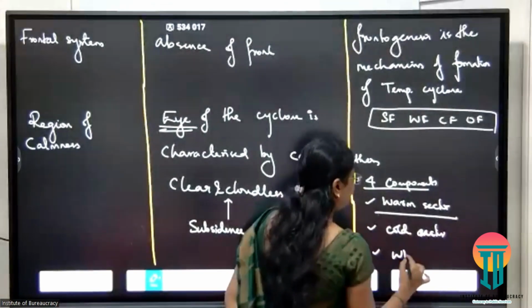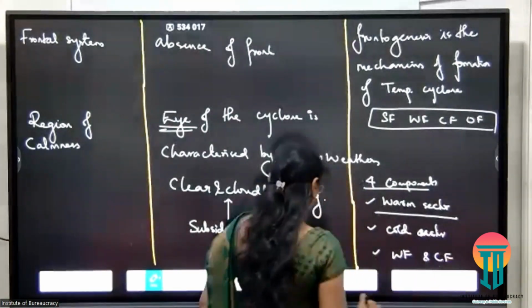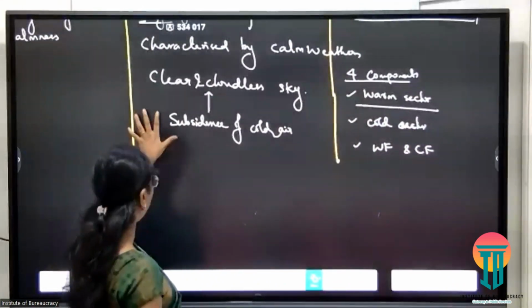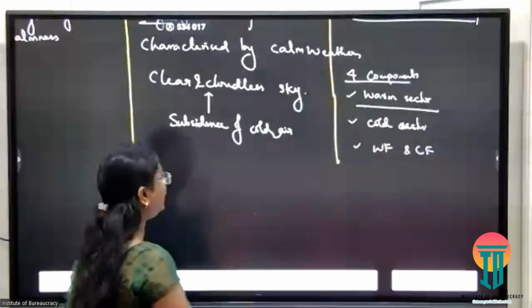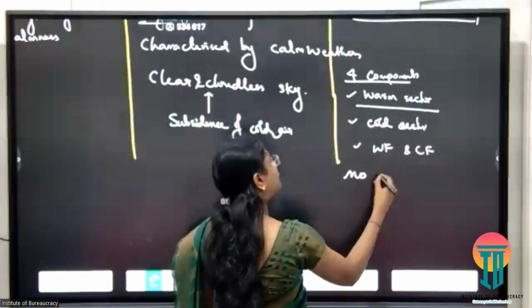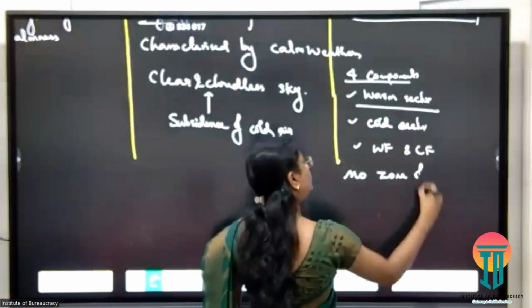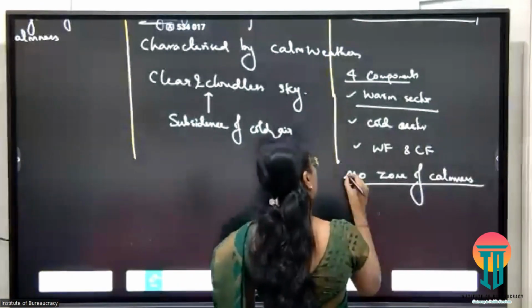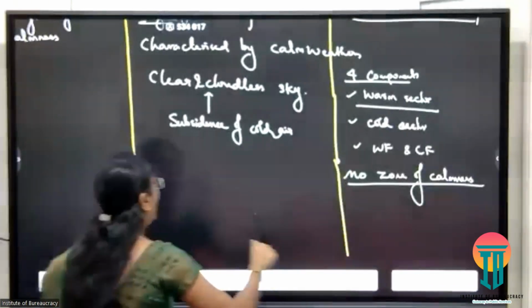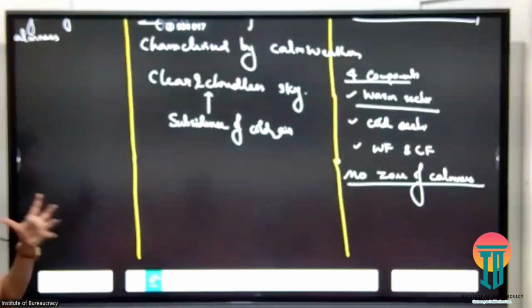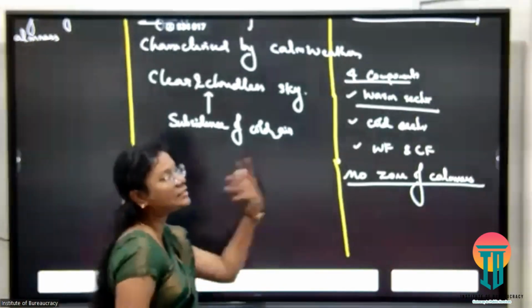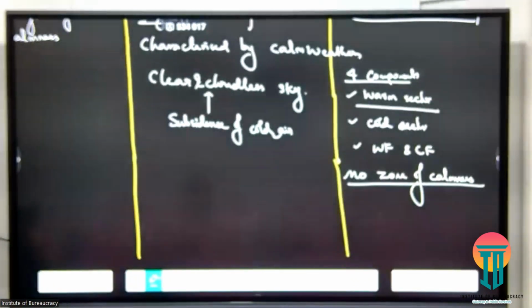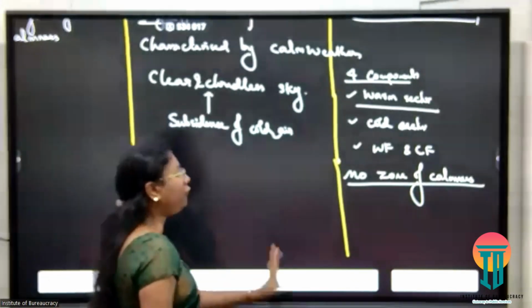And obviously the warm front and cold front also have active movement of air. So we can conclude that there is no zone of calmness in the temperate cyclone. All 4 regions exhibit active wind movement or wind shift.